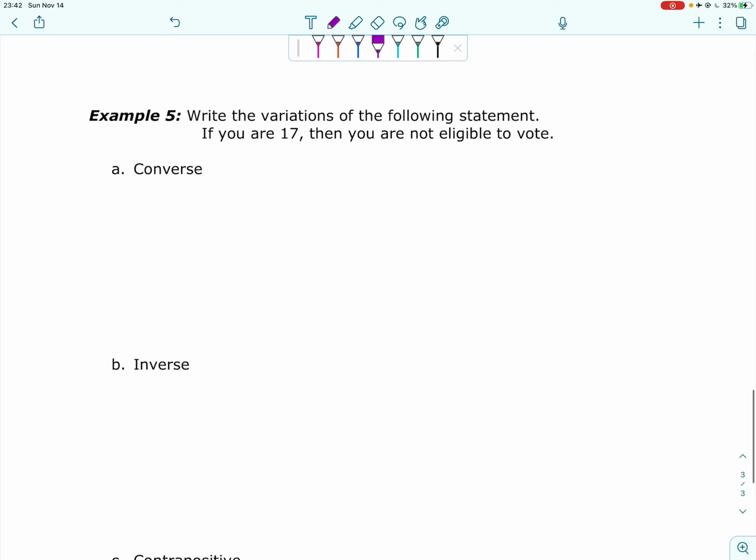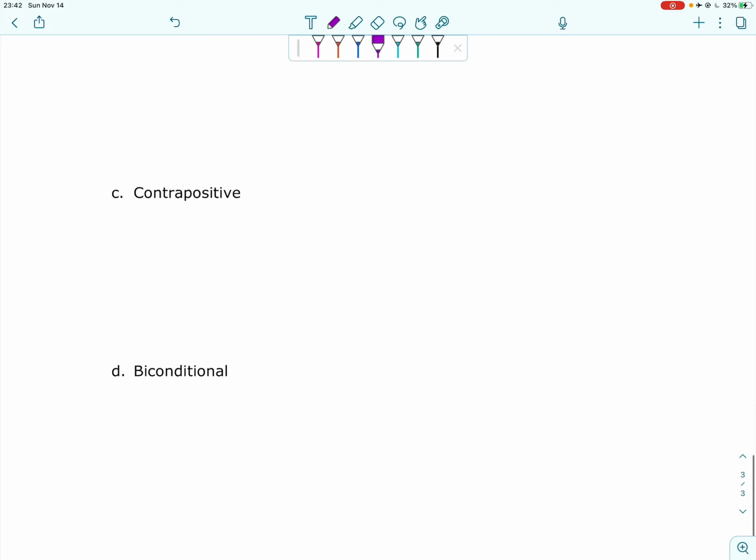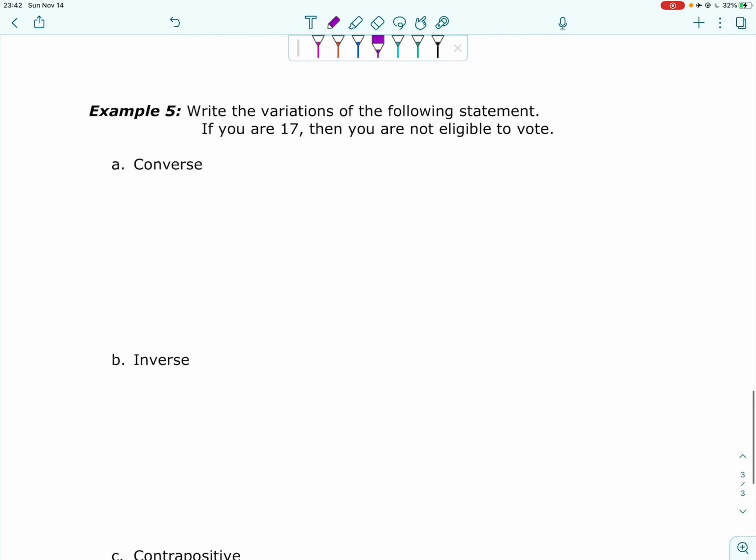So there's another statement here. I encourage you at this point to pause the video and see if you can write out the converse, inverse, contrapositive, and biconditional on your own before continuing with the video.